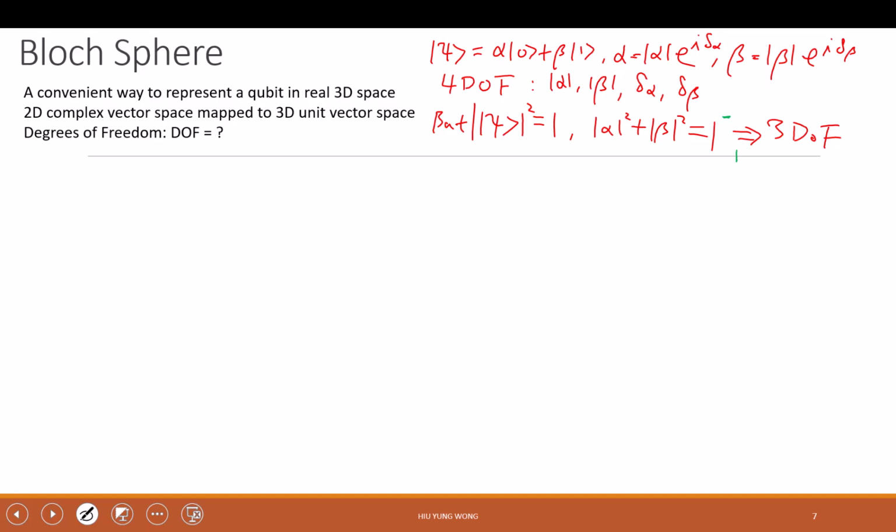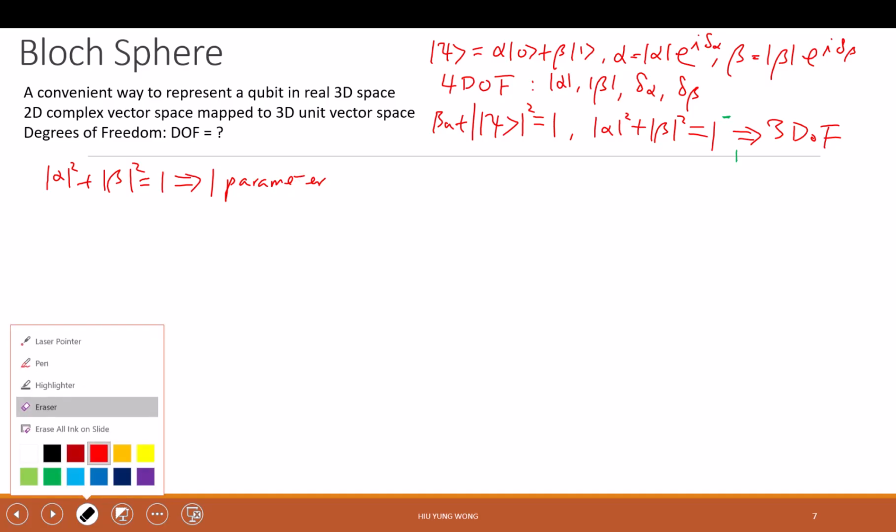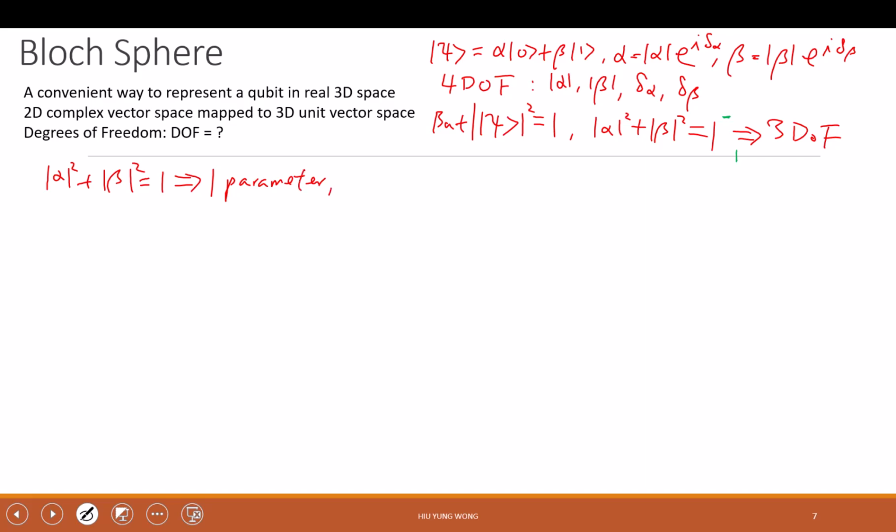Because of the constraint alpha squared plus beta squared equals 1, it can be fixed by 1 parameter, and I can do many different types of transformation. One type is that I let alpha magnitude equal cosine theta divided by 2, and beta magnitude equal sine theta divided by 2.